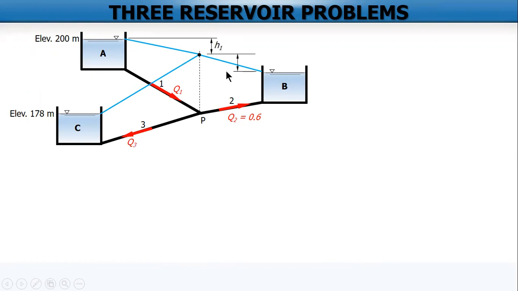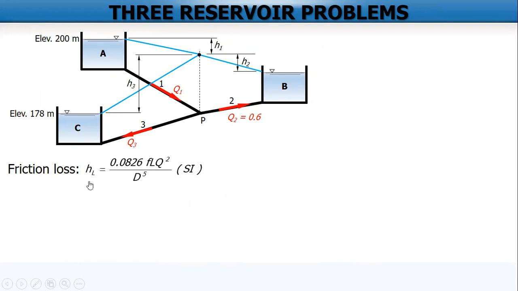HF1 and then HF2 and then HF3. So, equation na to, friction loss lang, Q1, Q2, and H1, 2, and 3. SI man so 0.0826 FLQ squared over d to the fifth power.